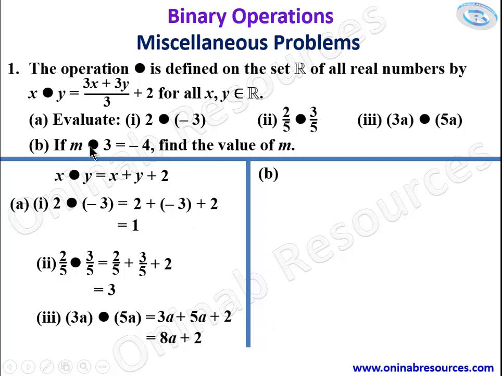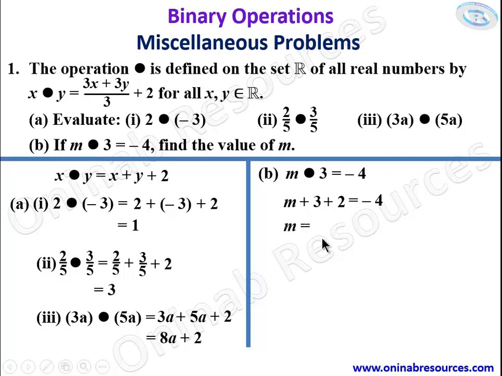Then we go to the B part. For the B part of the problem, if m operation 3 is equal to negative 4, we have to find the value of m. So at this point, we look at the definition of m operation 3. So m operation 3 is m plus 3 then plus 2, which is equal to negative 4.